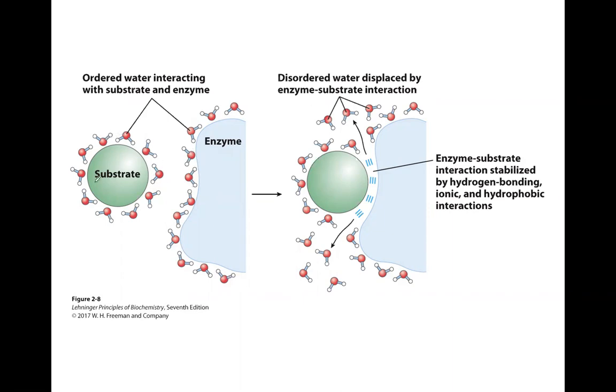And here's our drug, which is also surrounded by molecules of water. This is what's known as a hydration sphere. Hydration sphere. You can write this down, very important term. Hydration sphere. And this is the hydration sphere of an enzyme.